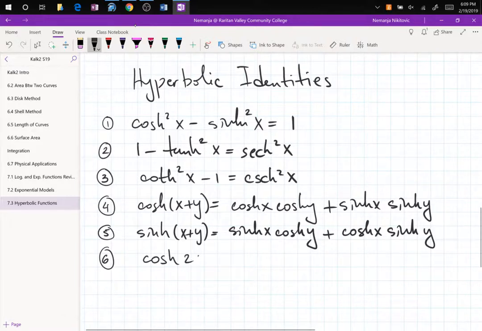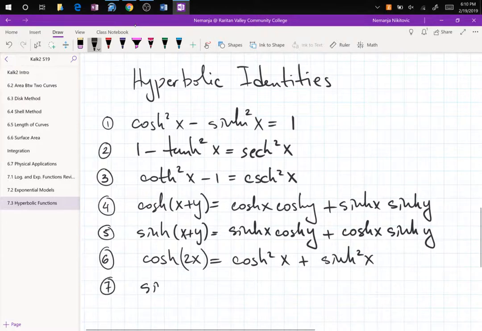Cosine hyperbolic 2x, the double angle, is going to be cosine hyperbolic squared x plus sine hyperbolic squared x. Sine hyperbolic 2x is 2 sine hyperbolic x cosine hyperbolic x.